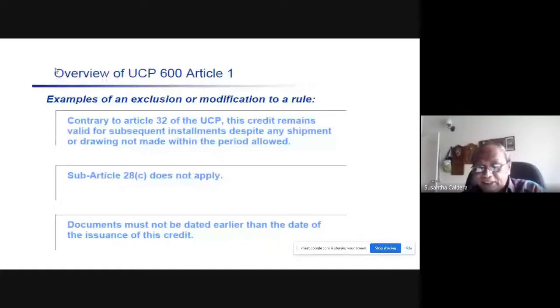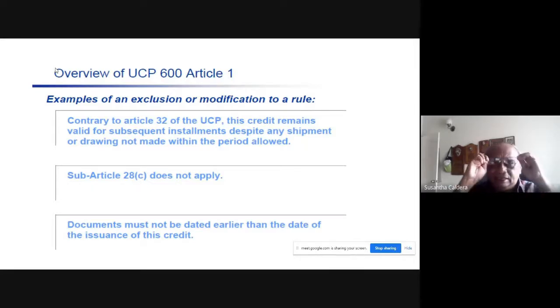It says, when the text of the credit expressly indicates that it is subject to these rules. That is the most important thing. Sometimes we'll have to do exclusions. Contrary to Article 32 of UCP, this credit remains valid for subsequent installments despite any shipment or drawing not made within the period allowed.